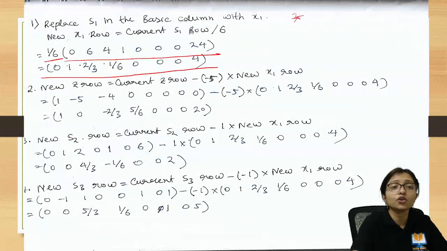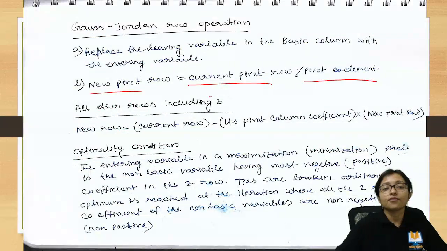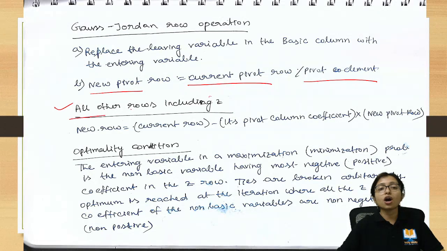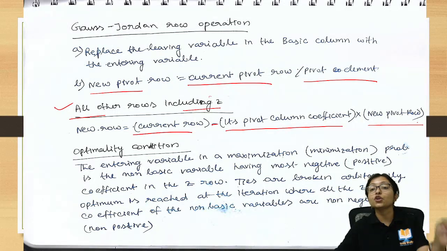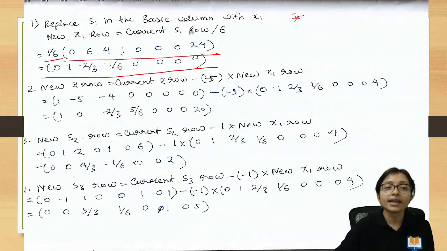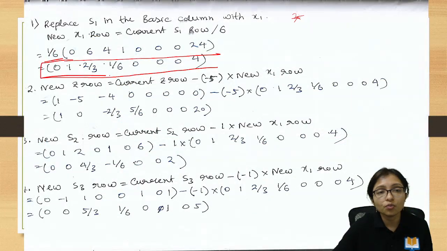For the remaining rows, what is the calculation? For all other rows, what do I have to do? Understand very carefully: current row minus its pivot column coefficient multiplied by the new pivot row. This is your new pivot row.